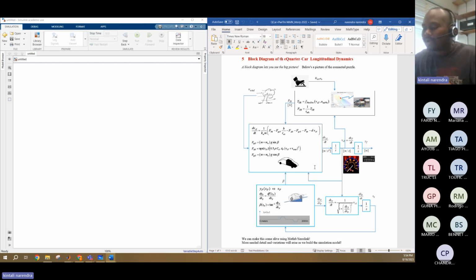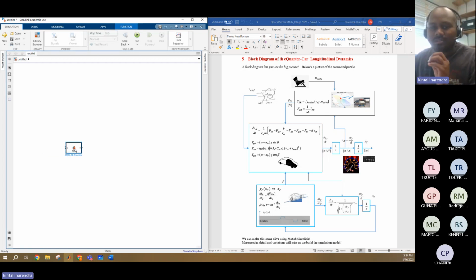Always go with the MATLAB function. MATLAB function is very easy compared to Simulink, because here there is no need to bring hundreds of blocks. All you need to do is write down the equations and then use them as you want.